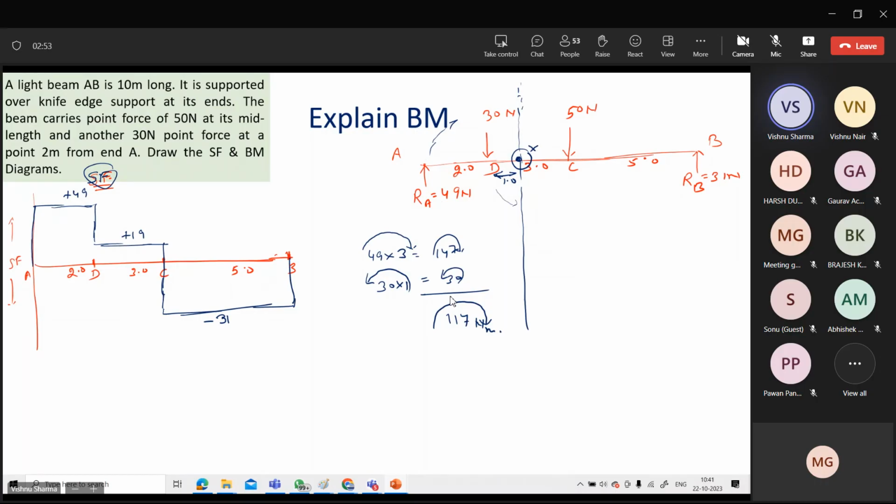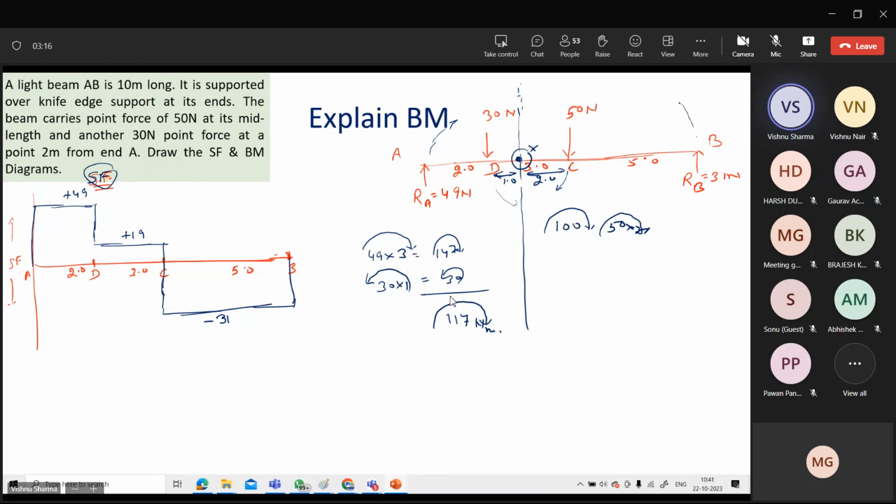Let's take the moments of those about x. You can see 50 newtons about x will cause a clockwise movement. So this will cause a clockwise movement of how much? 50 into 2, because now this lever will be 2 meters. So 50 into 2, that means 100 Newton meters clockwise.